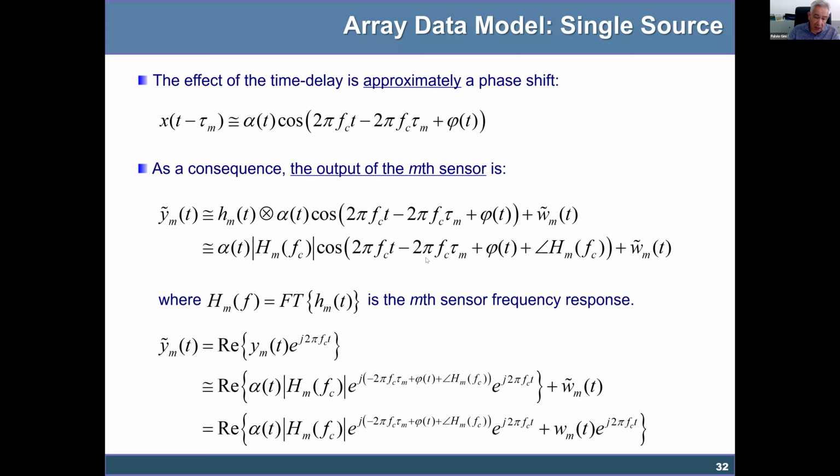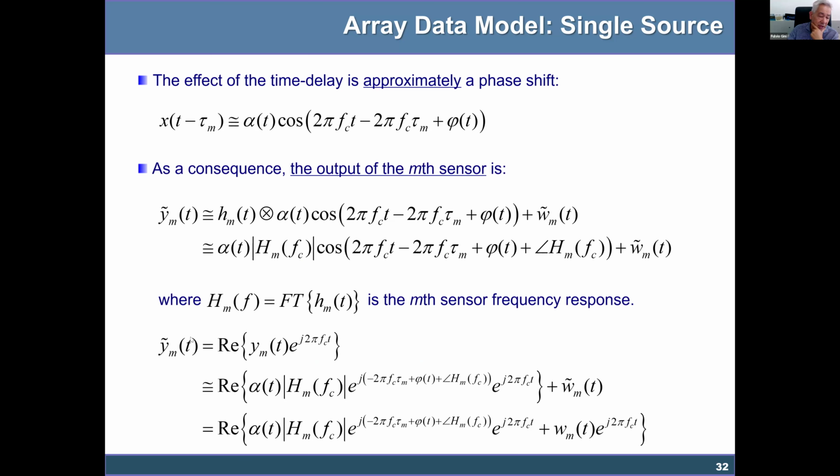So again, a delay is mapped into a phase shift. Now, we can express the real narrowband signal at the output of the sensor in terms of what is called the complex envelope.